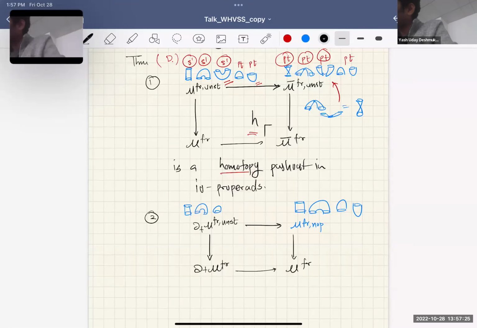So basically, you are only adding this trace operation, and once you add the trace operation, the homotopy push out coincides with M-framed. And let me just point out here that the fact that this trace operation is sitting inside the subproperad essentially says that this relation is satisfied.